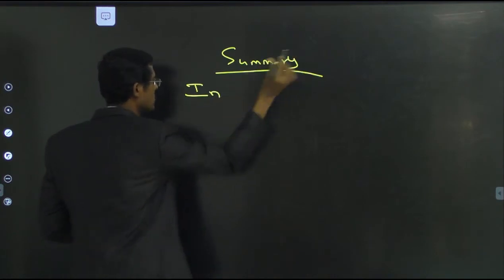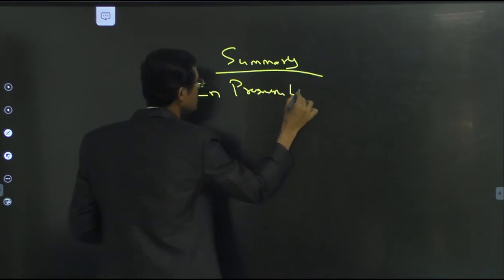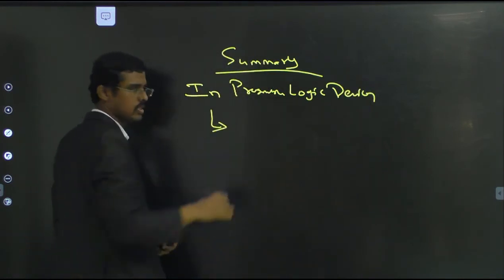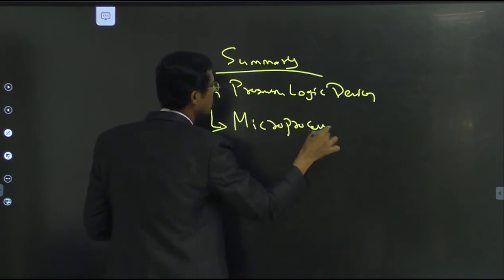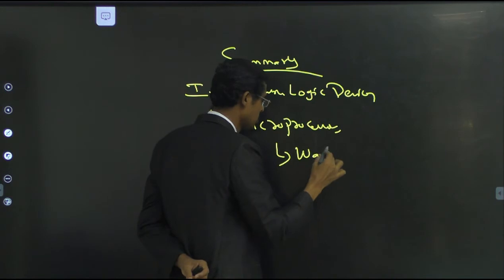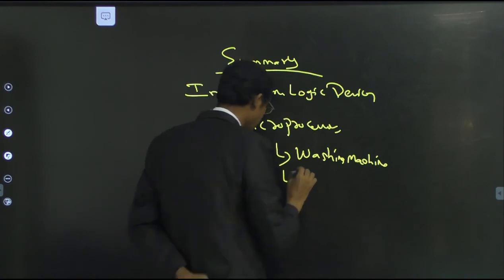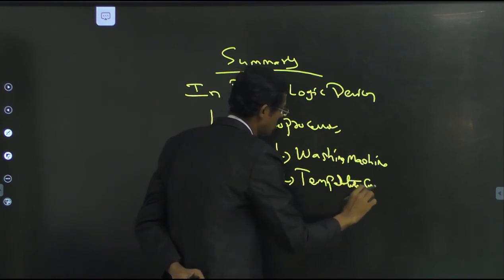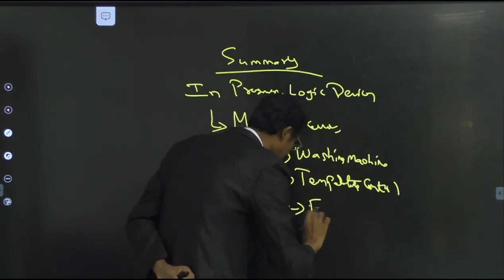In this programmable logic devices topic, we started to see about the microprocessor, and then in this microprocessor we saw some examples of a washing machine, then some examples of temperature control, and then also some examples of an automatic focus camera.